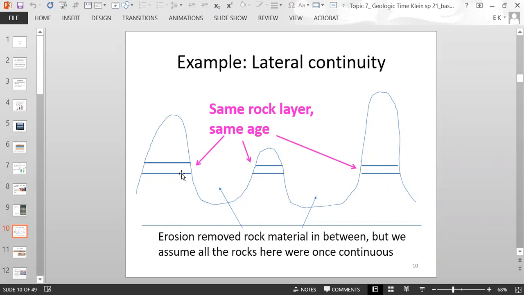But we're assuming that this is the same rock layer because it has the same properties, the same grain size, the same color. And we could assume that it used to all be a continuous line and then you just had erosion remove the rocks in the middle. Because it used to all be continuous because that is how sediment is deposited.